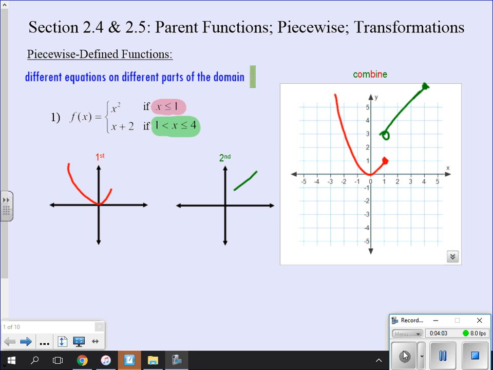So you'll notice here it's less than or equal to 1. If I get 1, I'm doing x squared. Anything larger than 1, I'm doing x plus 2. At 1 itself, I have to do one or the other. It cannot be both. It's not a function if it's at both. So if the lines don't connect up, you're going to have an open circle at one of the ends.